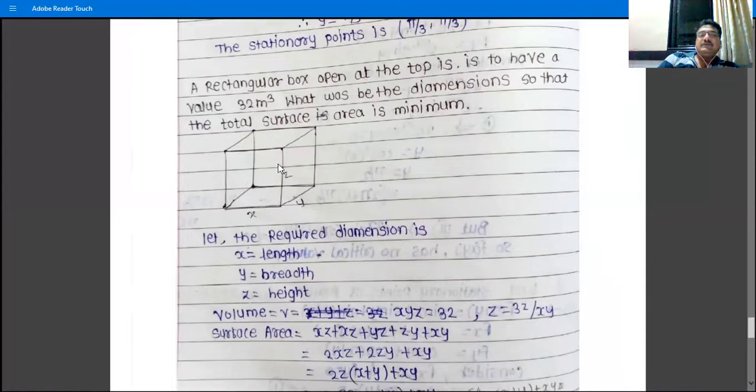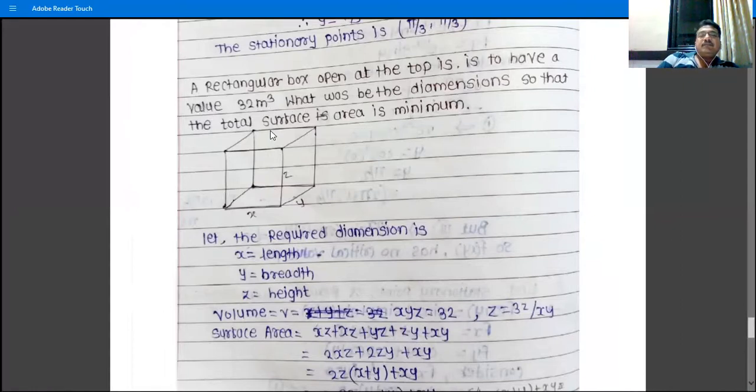So there are 5 surfaces for the box, and we have to prepare it with its volume, not value, volume 32 meter cube.